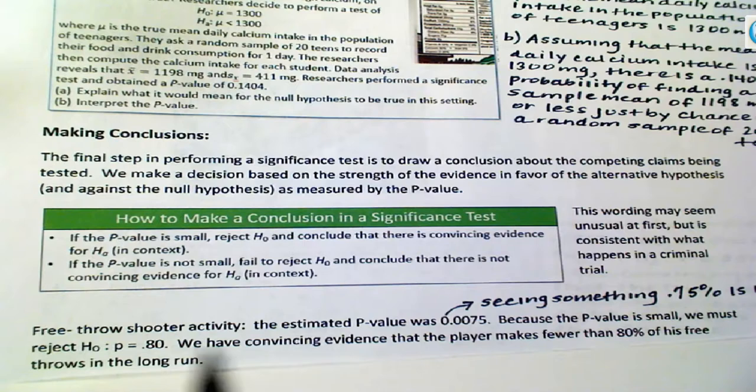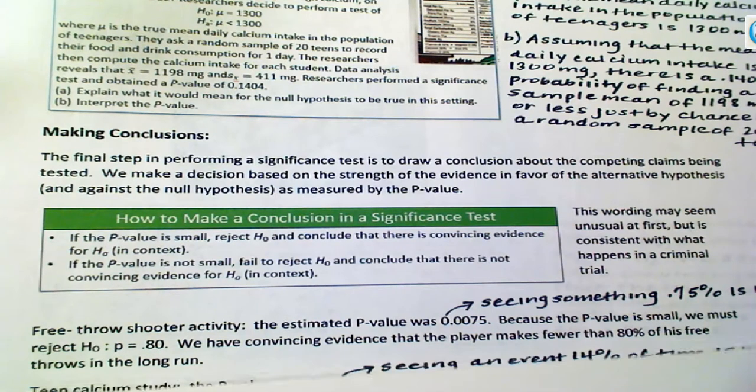The p is low, reject the H0. So we say we have convincing evidence that the player makes fewer than 80% of his free throws, because that was the alternative. It's kind of a two-step thing. In the first sentence you say, because the p is small, we reject the H0. In the second sentence, we have convincing evidence that the player makes fewer than 80% of his free throws in the long run.